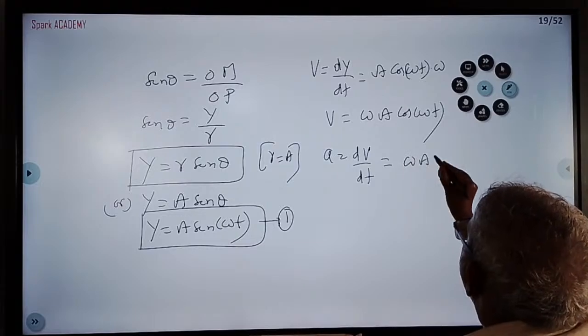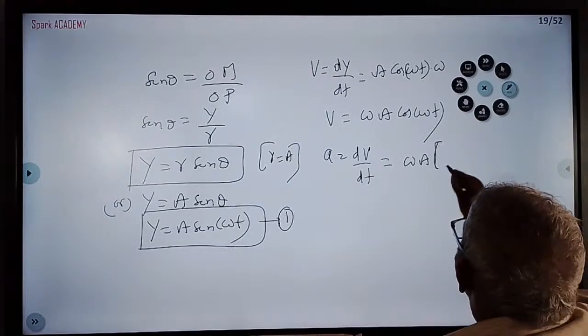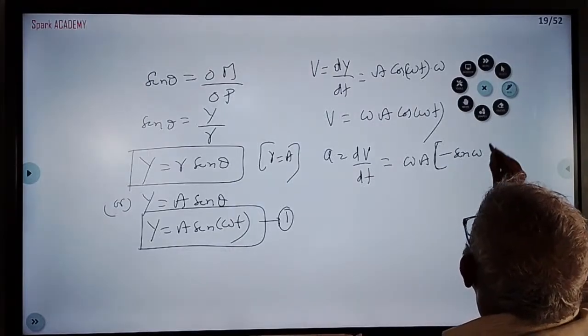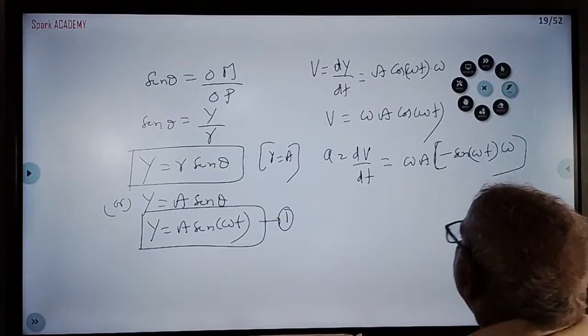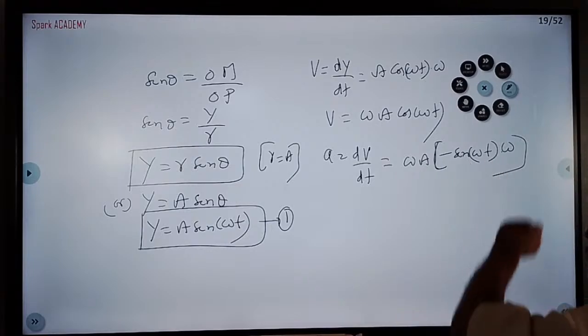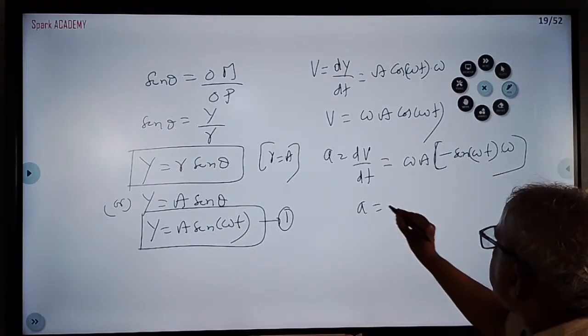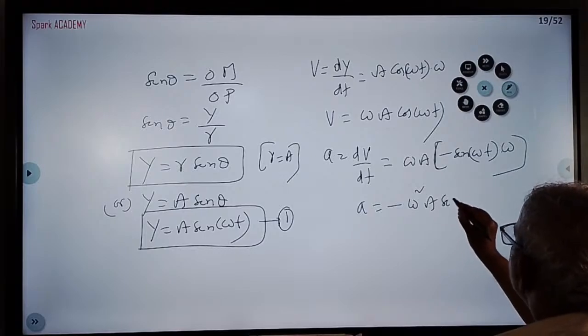Omega A is constant. The differentiation of cos omega t is minus sin omega t into omega. Therefore acceleration is minus omega square A sin omega t.